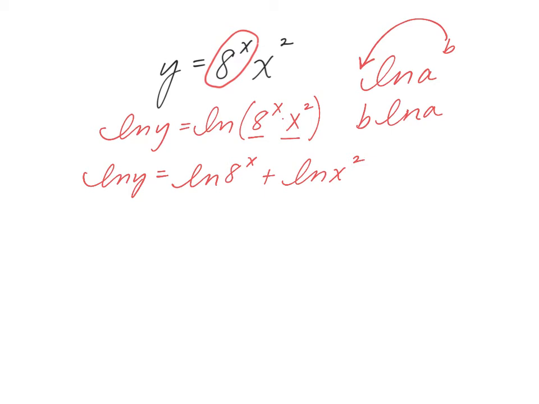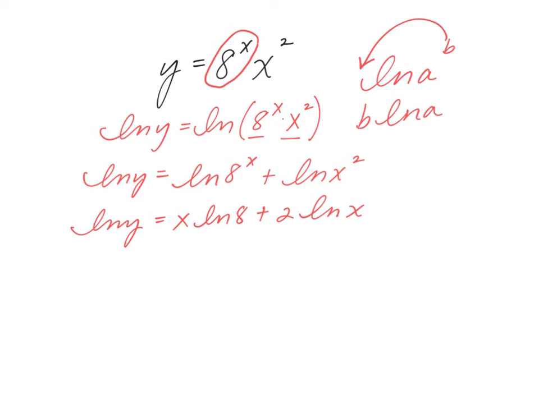I should say. Then from here, we can use that property that I mentioned before to bring the power down out front. So I have the natural log of y equals x times the natural log of 8 plus 2 times the natural log of x. Now, though it still may look a little bit complicated, we've got everything on a level playing field now, so that we're able to take the derivative much more easily using our implicit differentiation.